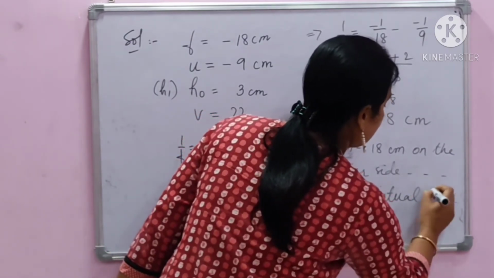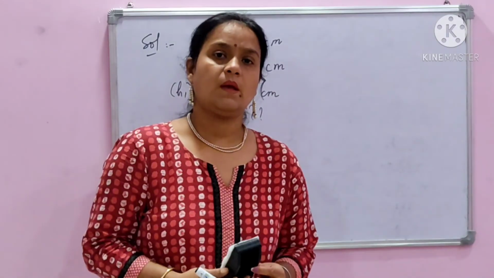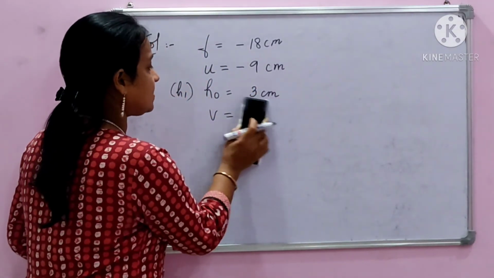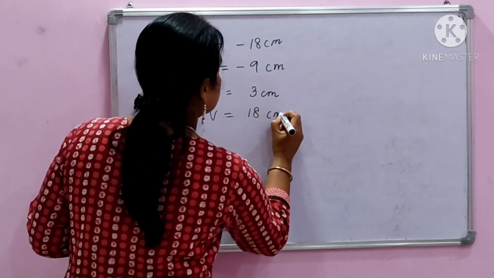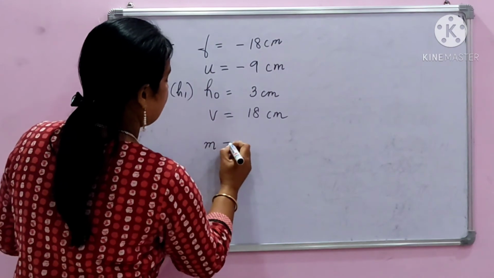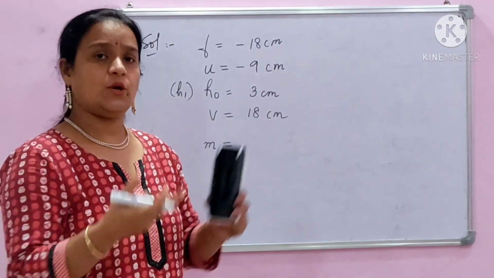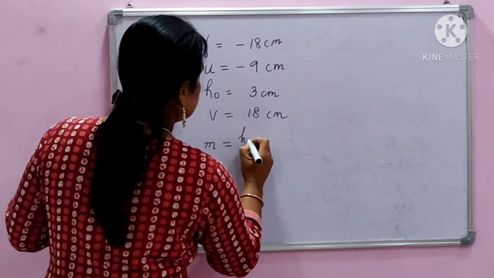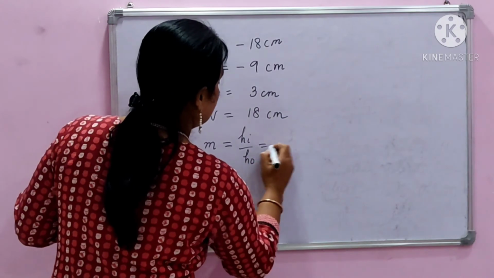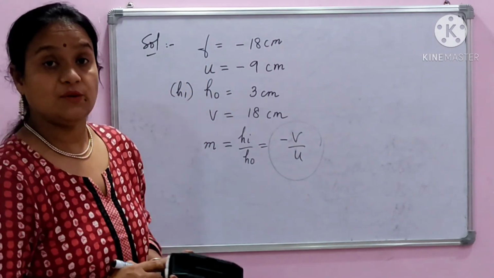Now what we need to know more? We need to know the size of the image. So now we can simply erase this, and in place of this, since we have the value, we can write 18 centimeter. Now let us see magnification. Magnification is equal to, you know, there are two formula, h2 by h1, or we can say height of image by height of object, or it is also equal to minus v by u. So we better go for this because we have these values known.